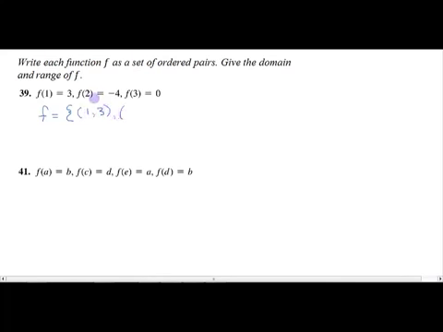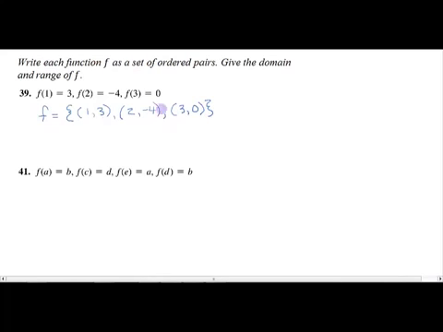The next one we have f of 2 equals negative 4, so we have the ordered pair 2, negative 4. And the next one we have f of 3 equals 0, so that means we have the point 3, 0. And close your curly brace.